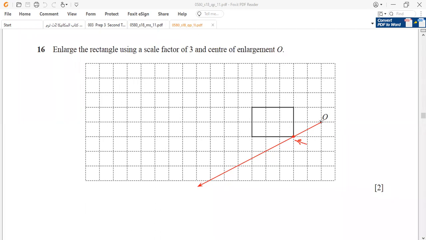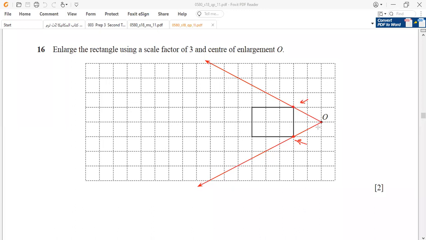Then draw another ray here passing through the second vertex, this vertex here. Okay.